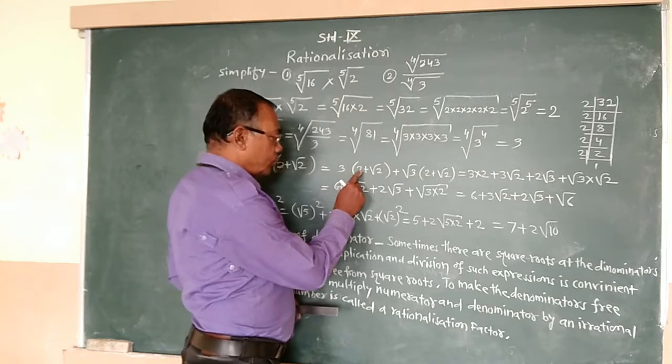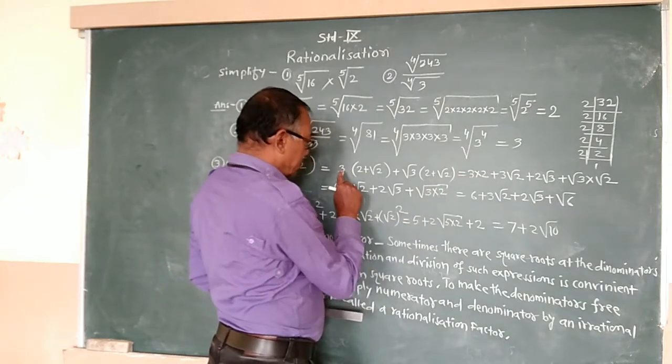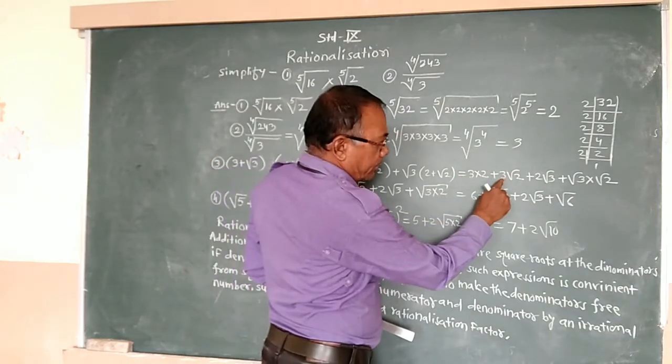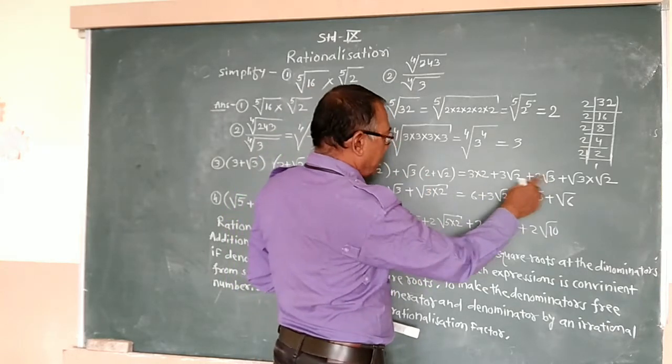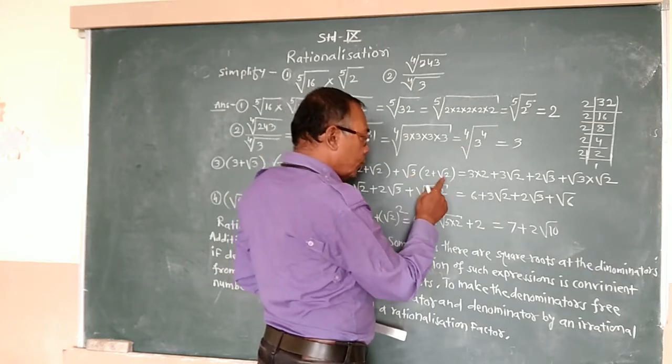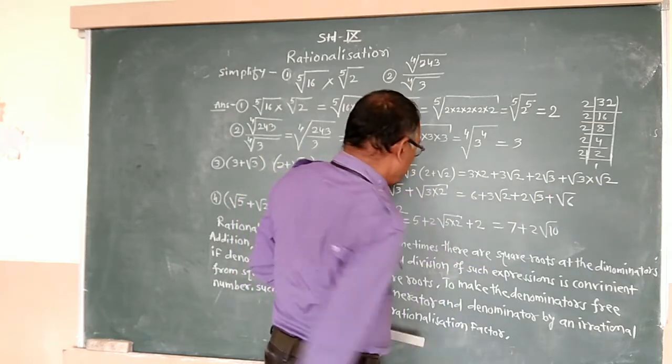Then we get 3 into 2, 3 into root 3, root 2 into 2, and root 2 into root 3.